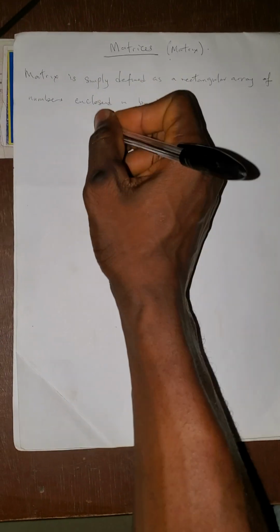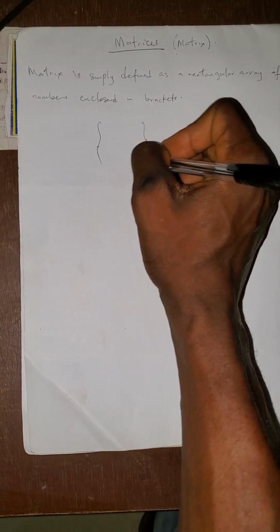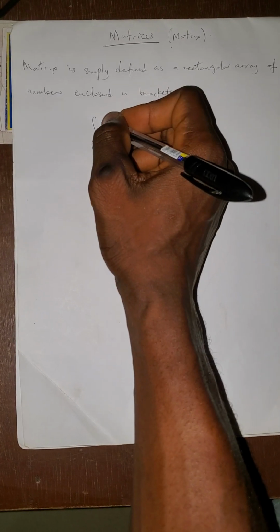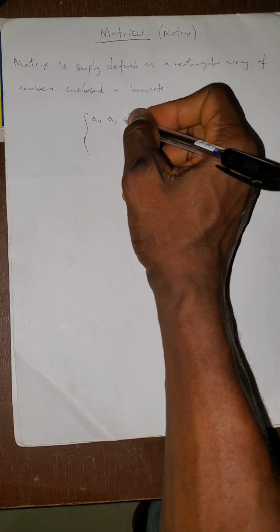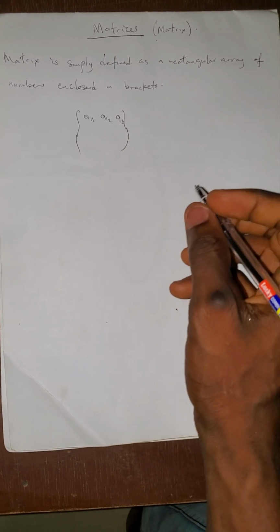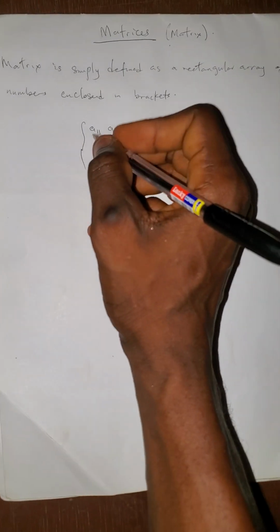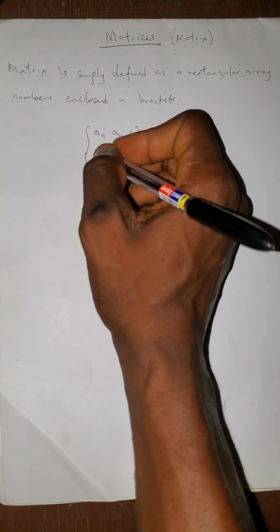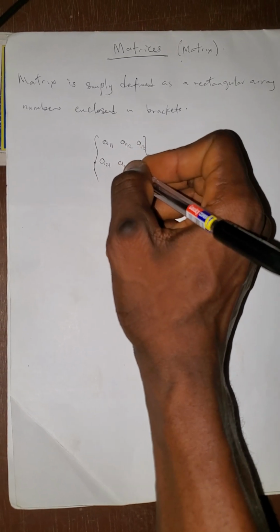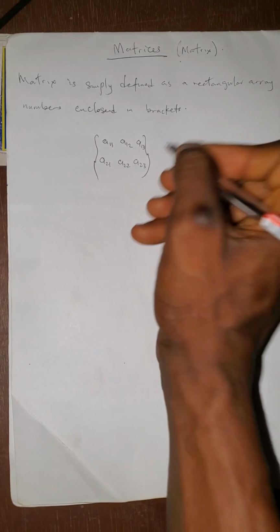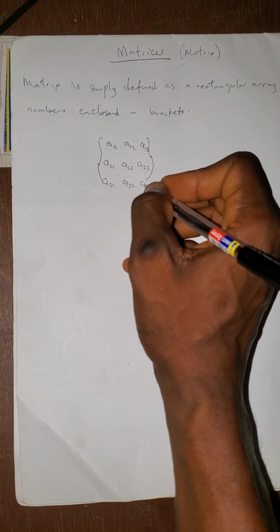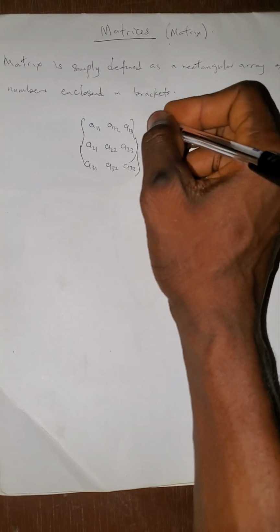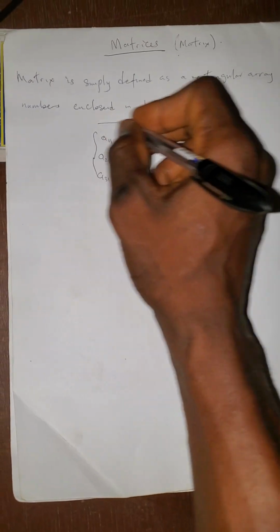Now, when you have this bracket like this, you have A11, A12, A13. You have A21, A22, A23, A31, A32, A33. If you check, this is a row.